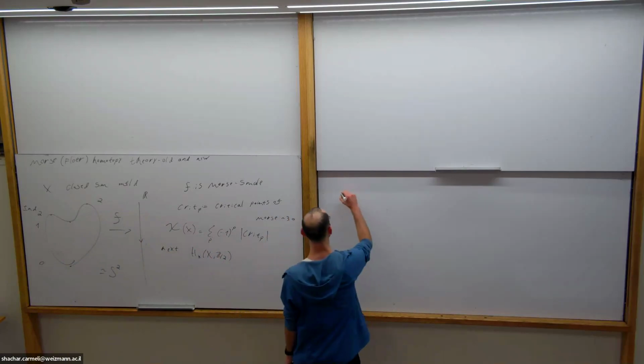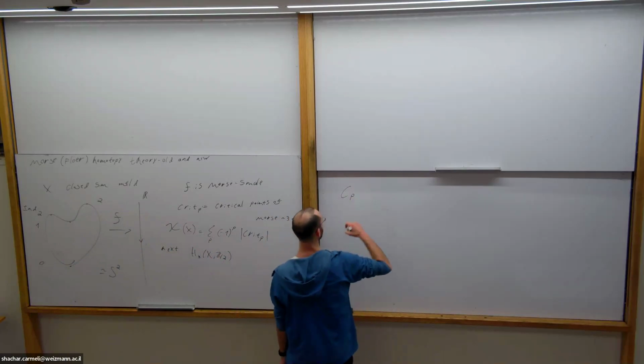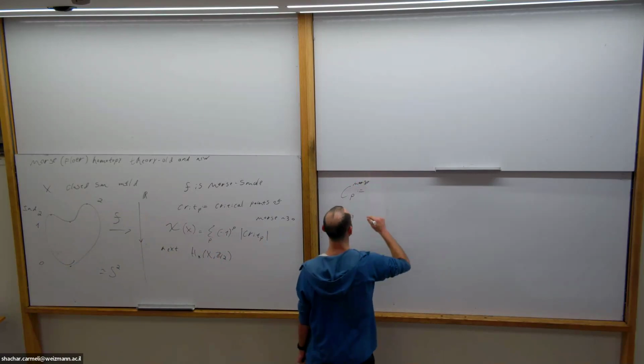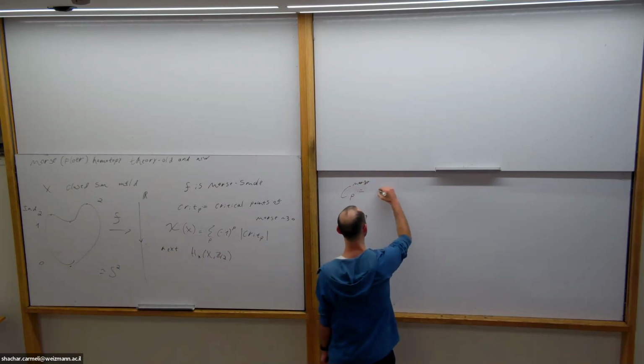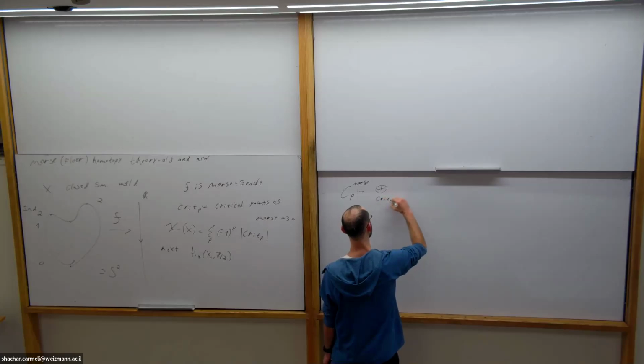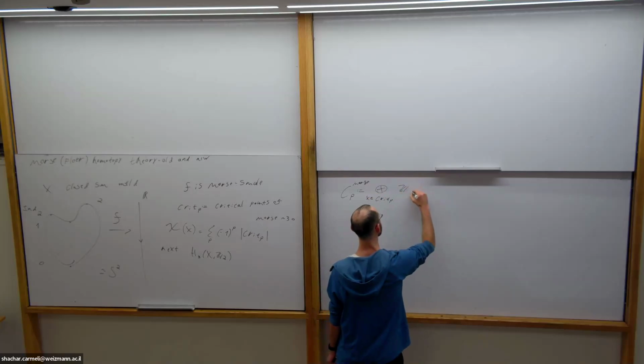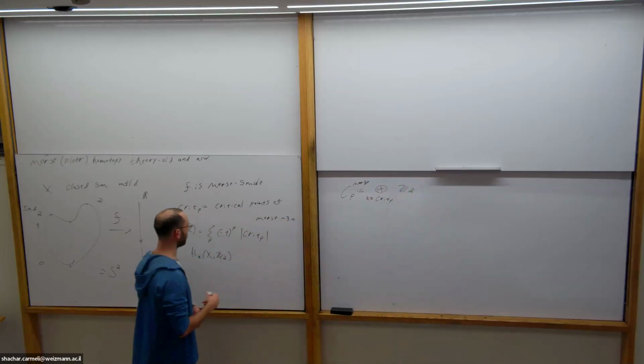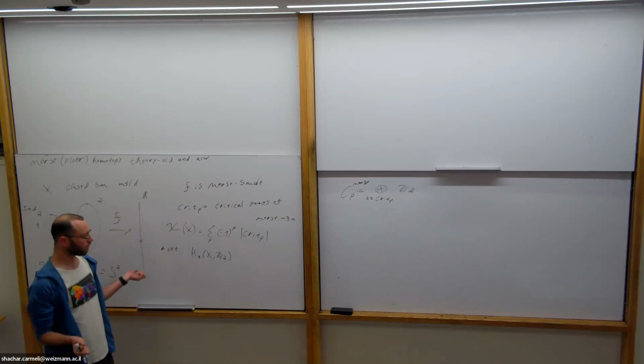The P-th part of the chain will be the Morse chain complex, the sum of all critical points of index P, of Z_2. And now I need to tell you what is the differential.